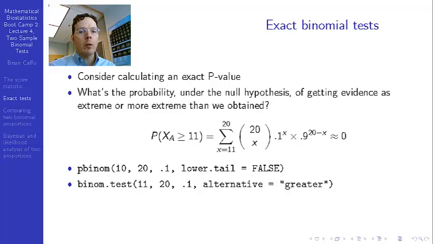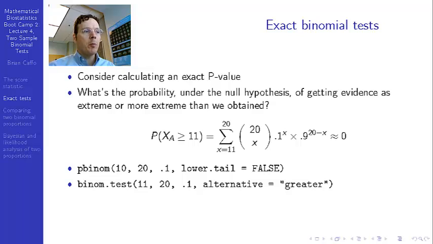Now, I just want to point out a small detail here. If we did pbinom and didn't have lower.tail = FALSE, if we had lower.tail = TRUE or omitted it, because the default value is TRUE, then it's going to calculate the probability of 10 plus 9 plus 8 plus 7 plus 6 plus 5 plus 4 plus 3 plus 2 plus 1 plus 0.